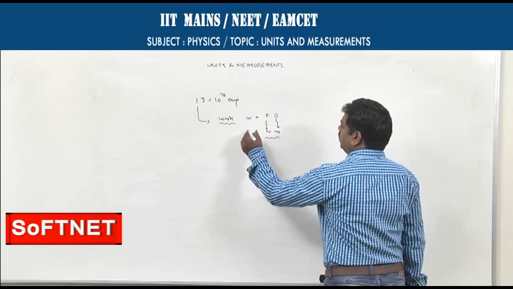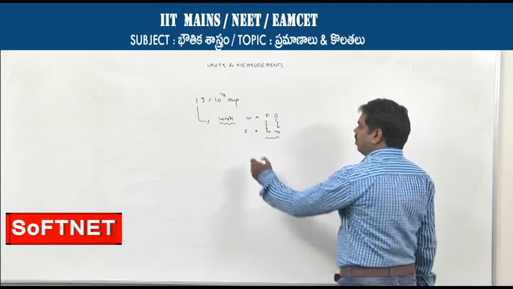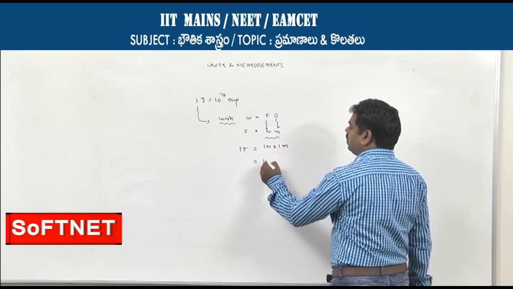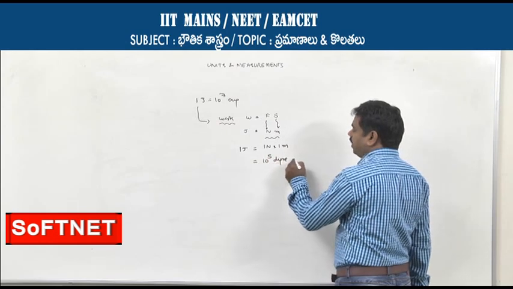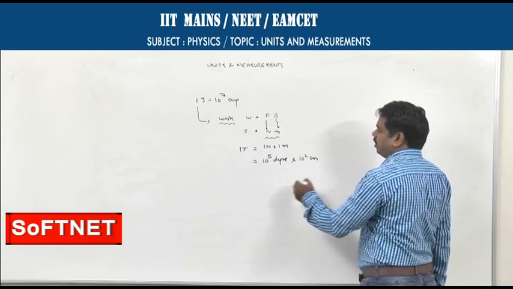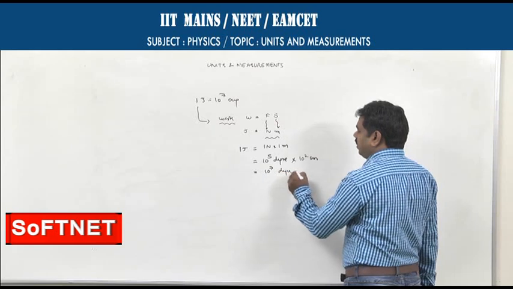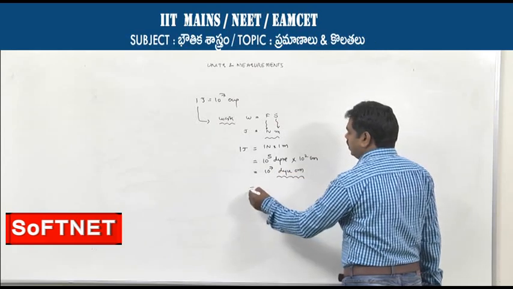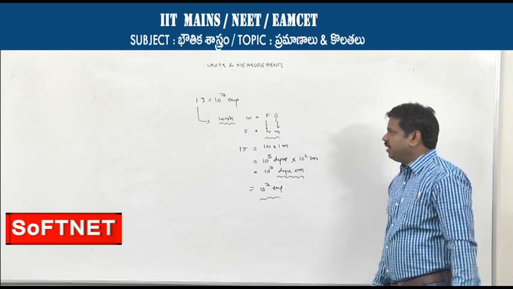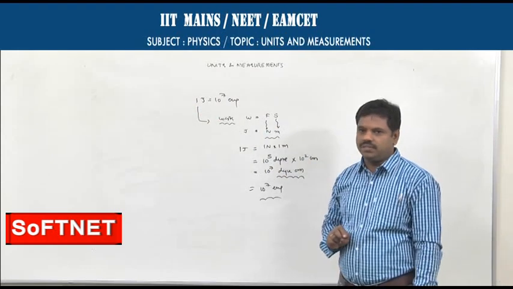This Newton meter is simply represented in SI units as joule. Now 1 joule is equal to 1 Newton into 1 meter. 1 Newton is 10 to the power of 5 dyne, and 1 meter is 100 centimeters. From this easily we will get 10 to the power of 7 dyne centimeter. Dyne centimeter is called the erg, so 10 to the power of 7 erg. Like that we can convert the unit of any physical quantity from one system to the other system.